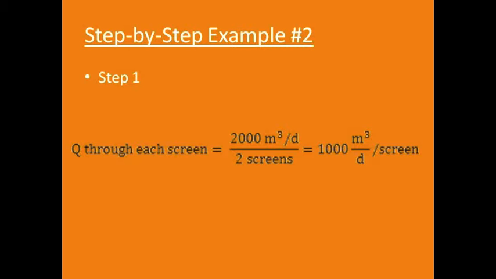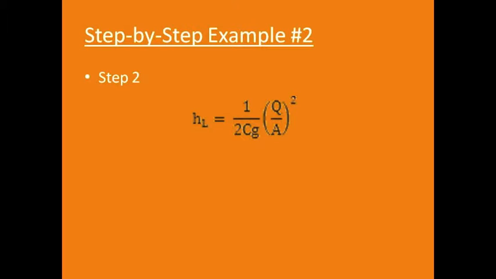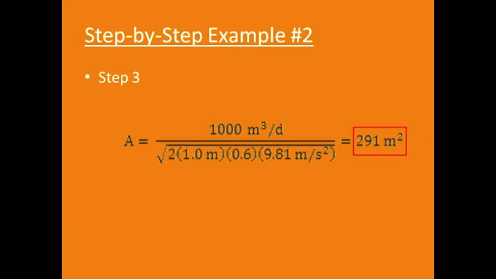This gives us 1,000 cubic meters entering each screen. Our next step is to rearrange the head loss equation for fine screens to solve for the effective area. The new equation still accounts for a discharge coefficient, which is 0.6 for clean screens, and the acceleration due to gravity. Using this rearranged equation, we calculate a necessary effective area of 291 square meters. This value is really high, so more screens could be implemented to reduce the effective area of each screen.